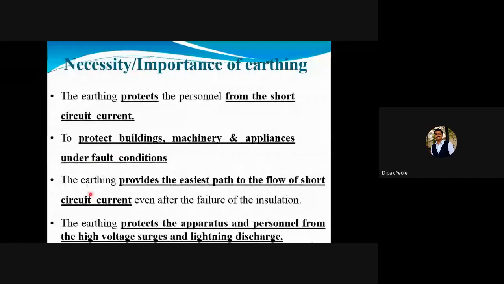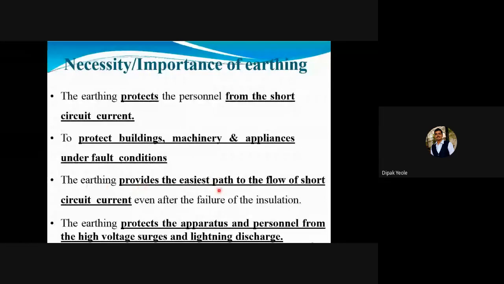The third point is that earthing provides the easiest path for the flow of short circuit current even after failure of insulation. Even if the insulation fails, a fault will be created there, and because of this fault, earthing should provide the easiest path. Why am I saying easiest? Because we know that the earthing conductor carries a small amount of resistance.